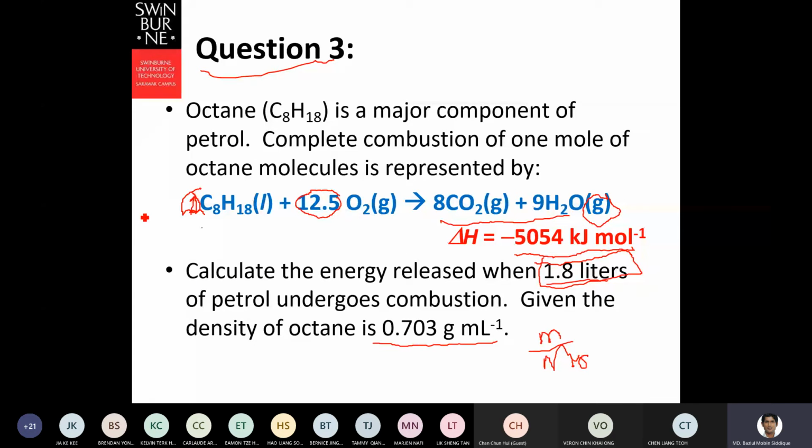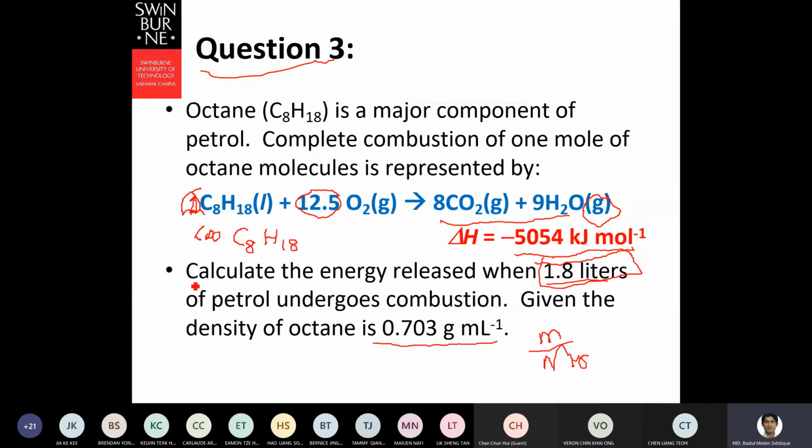Because it is C8H18. That means 8 carbons are here and 18 hydrogens are there.